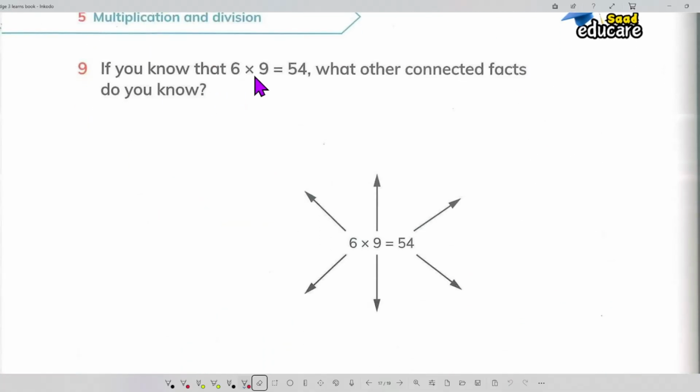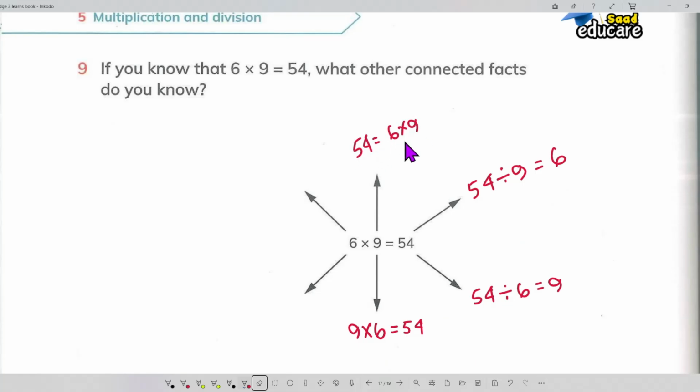If you know that 6 times 9 equals 54, what other connected fact do you know? We can make lots of things, like 9 times 6 is also 54, right? What kinds of connected facts can we make? Like 54 divided by 6 equals 9, 54 divided by 9 equals 6, right? 54 equals 6 times 9, also the same thing. 54 equals 9 times 6, also the same thing.